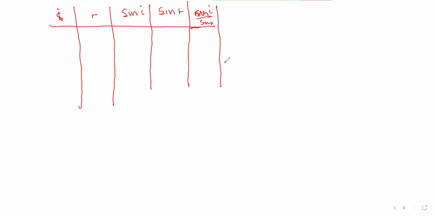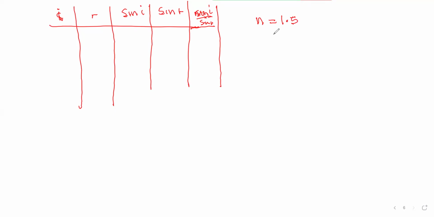Still, I saw some of you finding the average of the values they got for this ratio, sine I on sine R. Then they sum them up, divide by 5, and then tell me that the refractive index is so and so. This is wrong because you were given instruction.